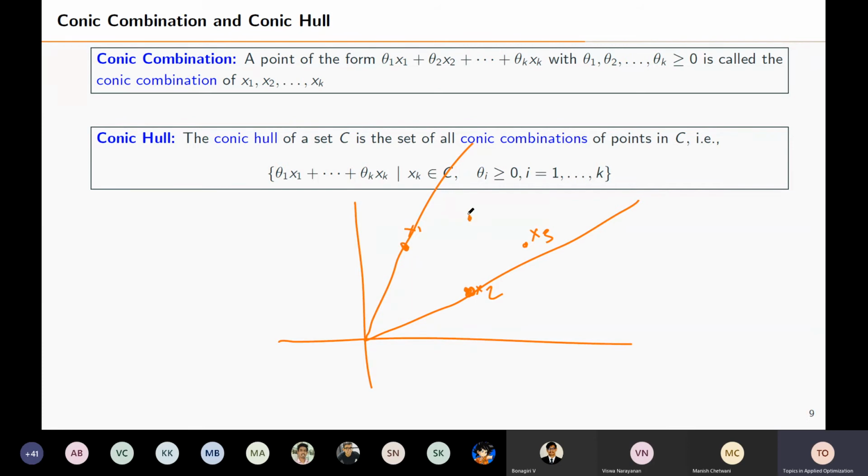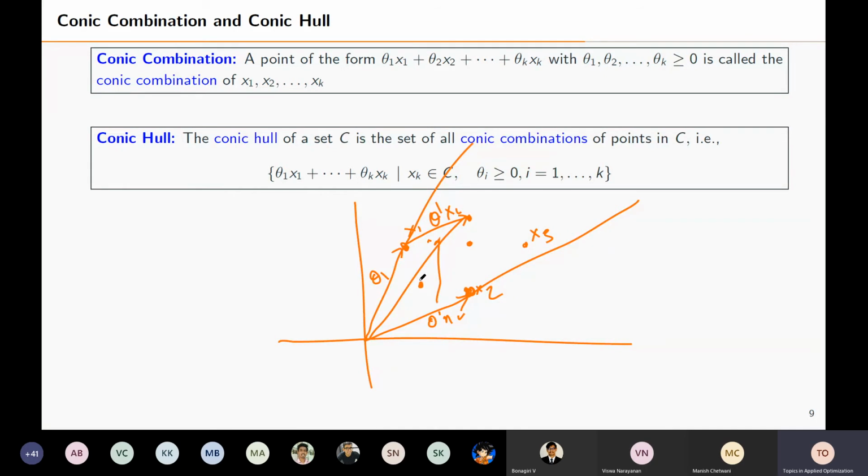Any other point here will also be generated, because if I have to come here, I see this vector and just do vector addition. I translate it here. It will be bigger in length, but I take some theta prime of x2 so that it becomes contracted, and hence by vector addition I get this. So this is some theta 1 of x1, and this is theta prime of x2.